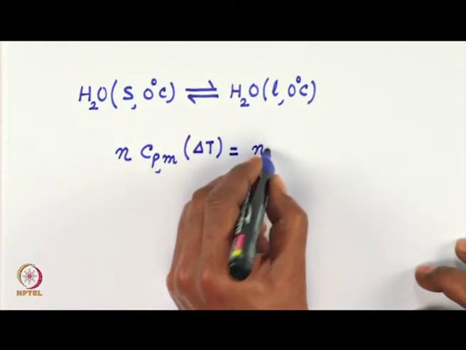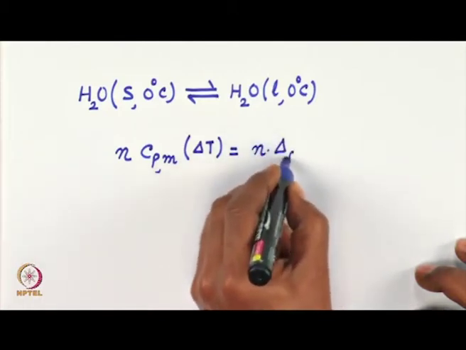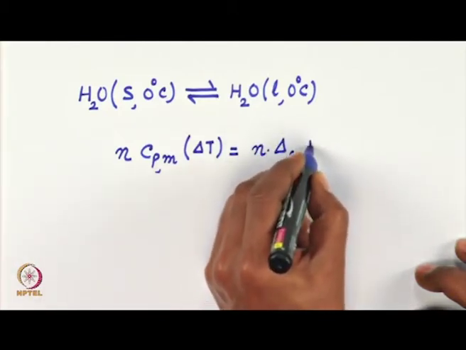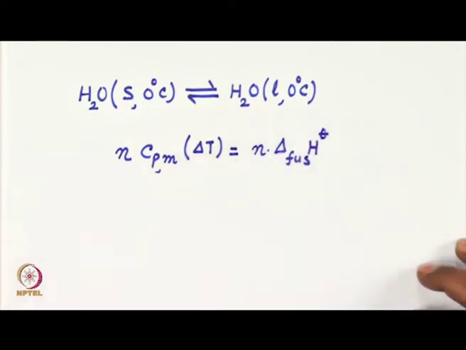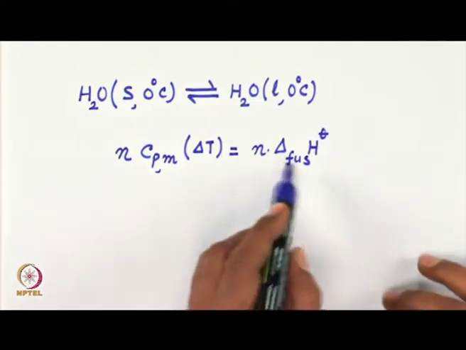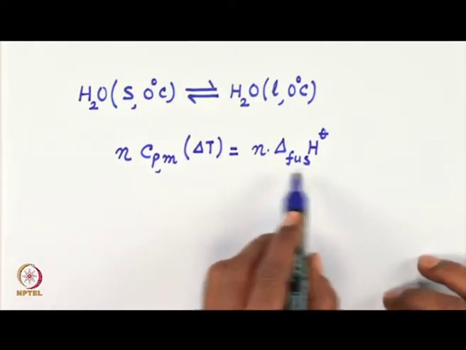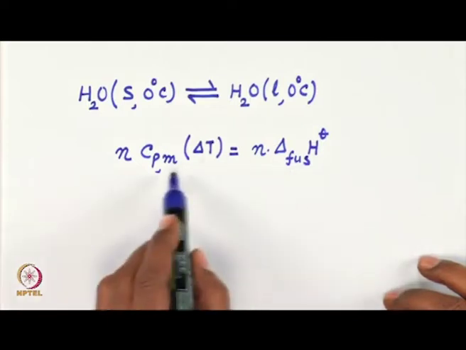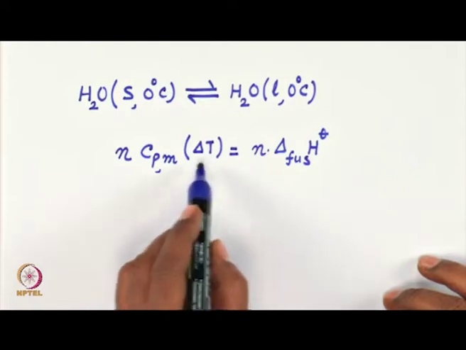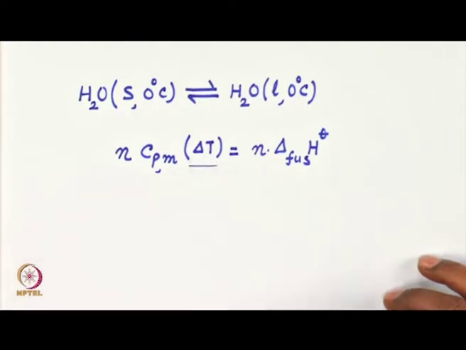Number of moles times enthalpy of fusion. The enthalpy of fusion, we know the value for water, and if we know the molar heat capacity of ice, we can easily calculate how much is the change in temperature.